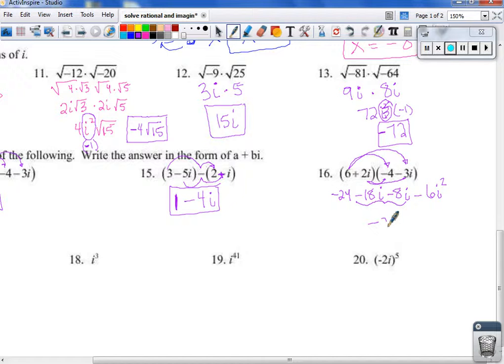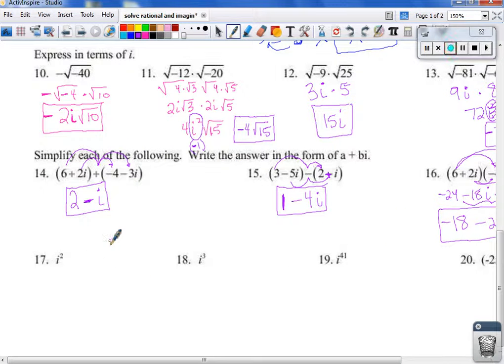That's minus 26 i's. We replace i squared with negative 1. So negative 6 times negative 1 is actually a positive 6. So our negative 24 plus 6 is negative 18. The number part always comes before the imaginary part, even if they're both negative.